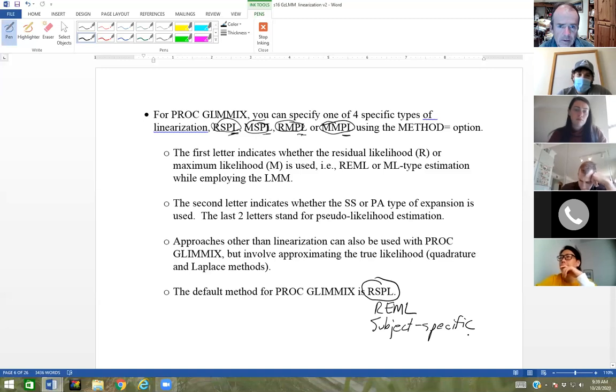So if you don't say anything, you're not going to do quadrature. You're actually going to do pseudo likelihood estimation. It's going to be a REML type of approach, which would probably get you better estimates of your covariance parameters. And the effects are going to have subject specific interpretations. Okay.